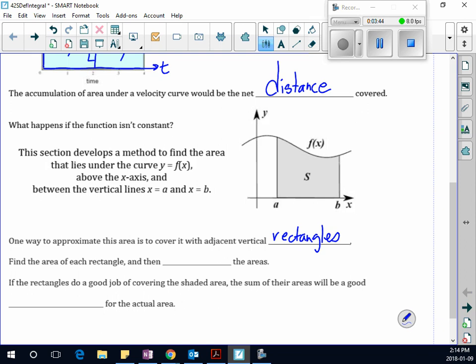Find the area of each rectangle, then add the areas. Does everybody see? If I were to break this down into a rectangle here, and then another rectangle, and another rectangle, do you see I'll eventually get the area approximately?